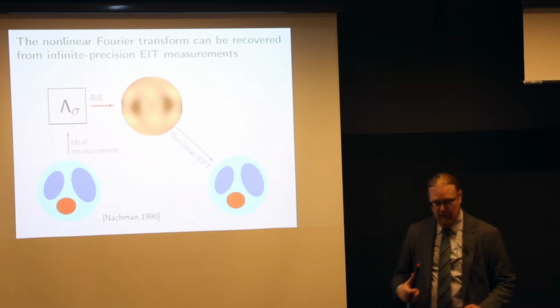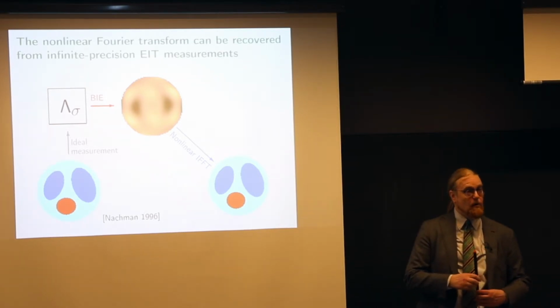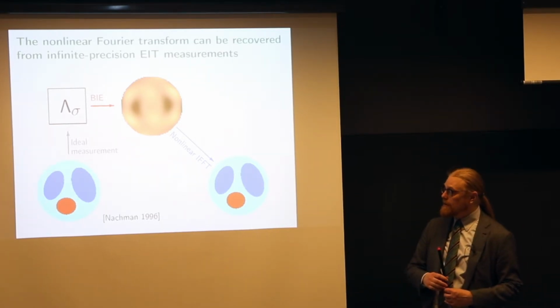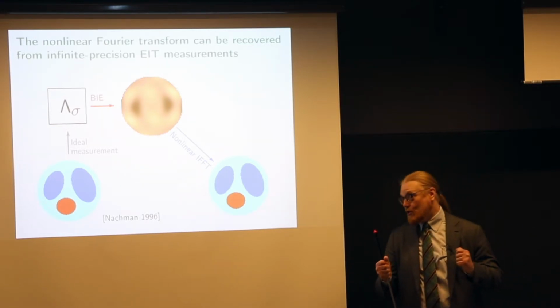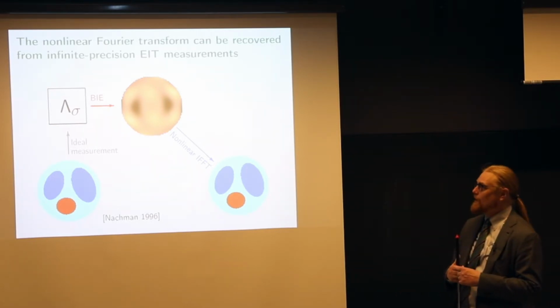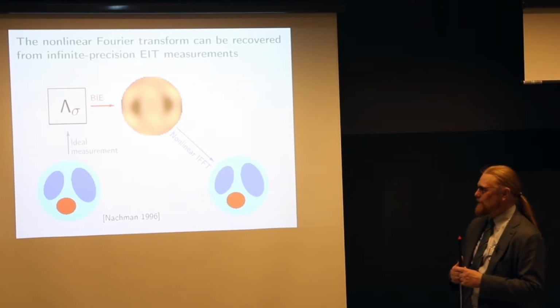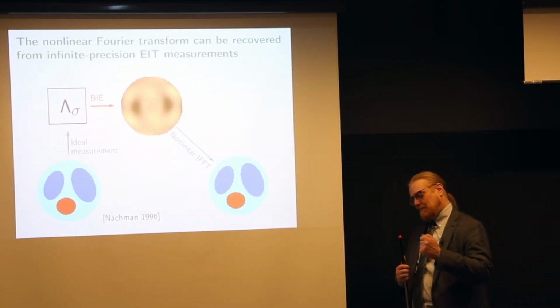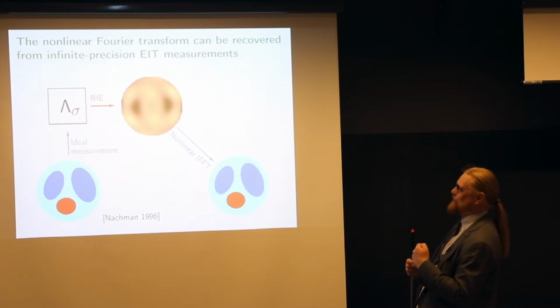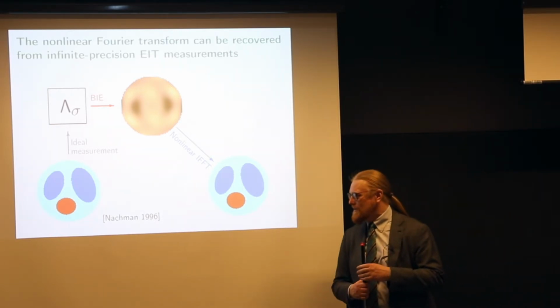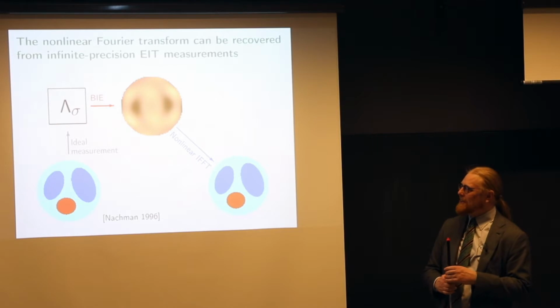And there is a really important paper in our field by Adrian Nachman in 1996 in the prestigious journal Annals of Mathematics. This paper was the topic of my licentiate thesis. I spent 2 pleasant, wonderful years reading this article of 49 pages. It's a bit sticky.